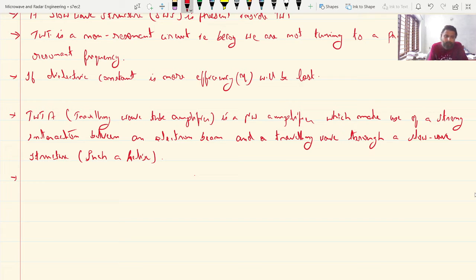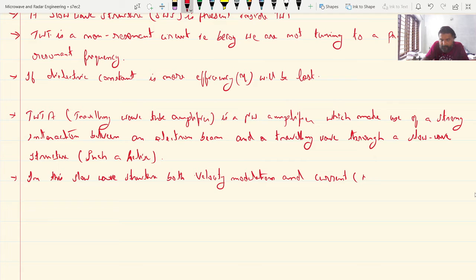In this slow wave structure, both velocity modulation and density modulation, that is current modulation, of the electron beam will be occurring inside that one.